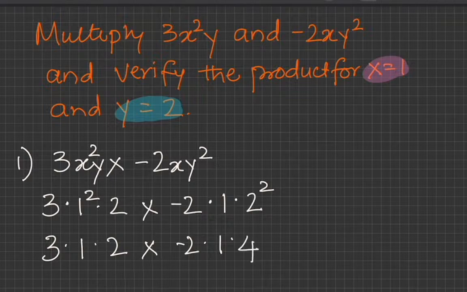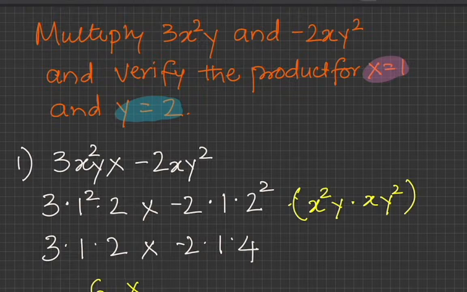And then here I will append the variables as well, y squared times xy squared. So what do we get here? 3 times 1 is 3. 3 times 2 is 6. 6 times negative 2 times 1 is negative 2.